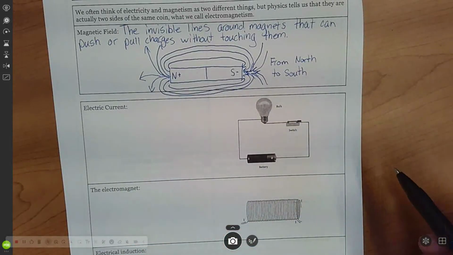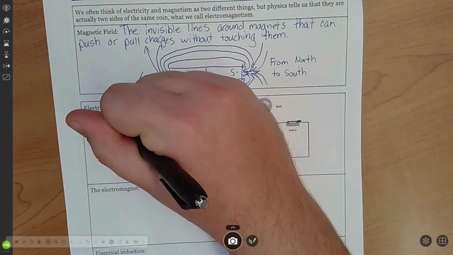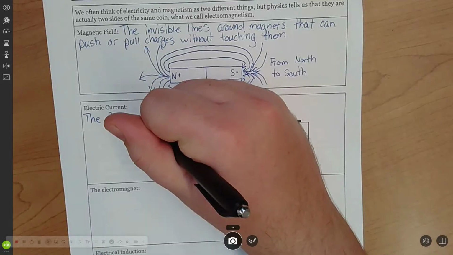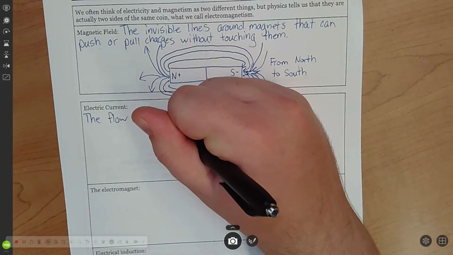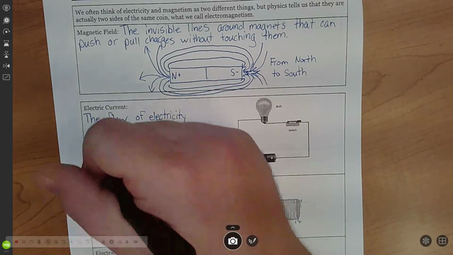So our definition for electric current, we're going to call it the flow of electricity through a wire.